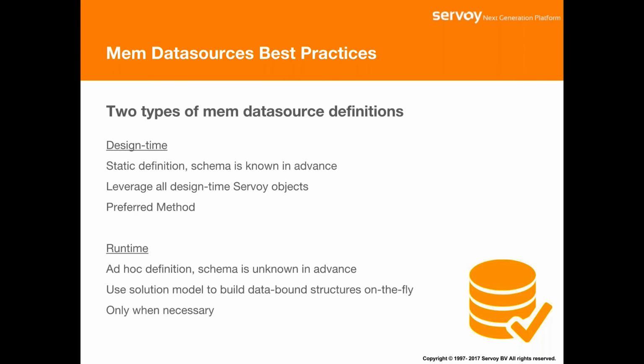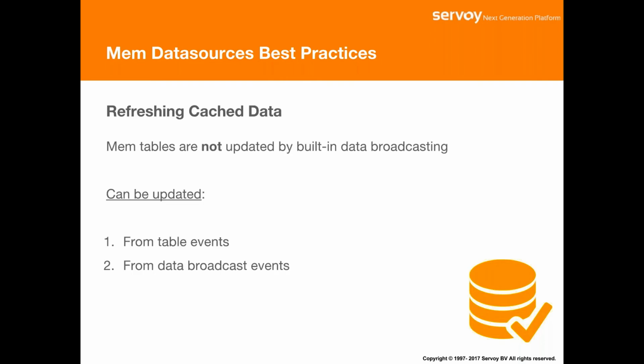In that case, you probably want to get into a bit of the solution model. You can create a data source at runtime without it existing at design time through the same APIs. But in that case, you don't have the benefit of the design time data binding, so you'd have to take a form and then read it in with solution model and modify it, set the data source, etc. So I would only do that when necessary, when you really don't know the schema ahead of time.